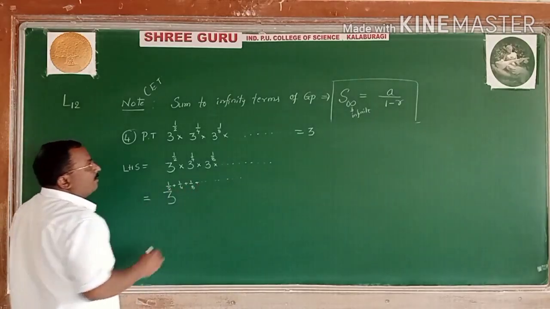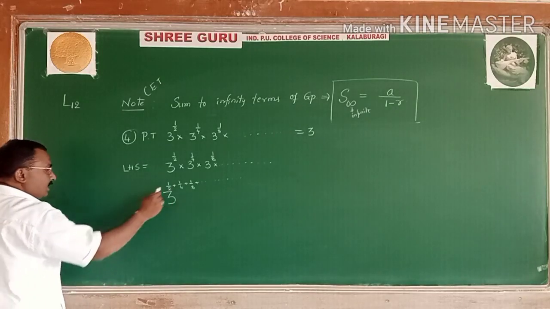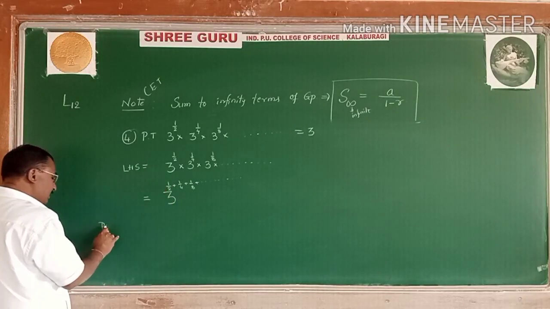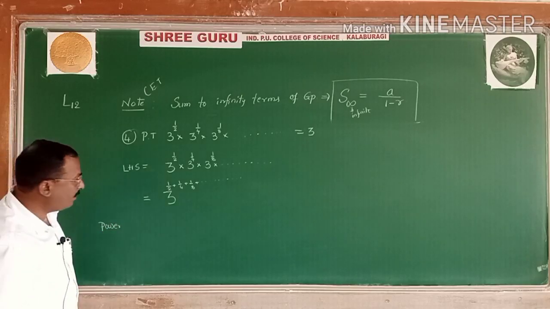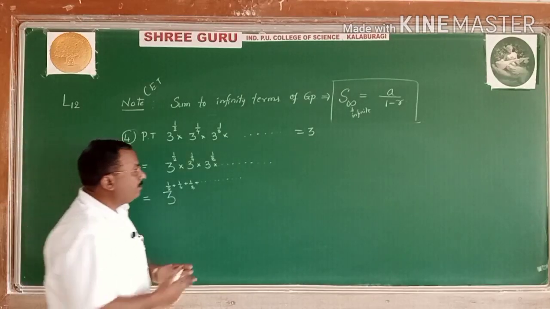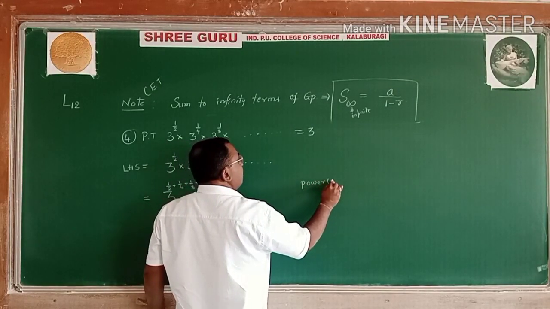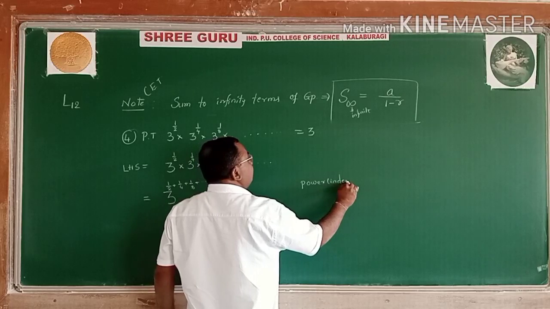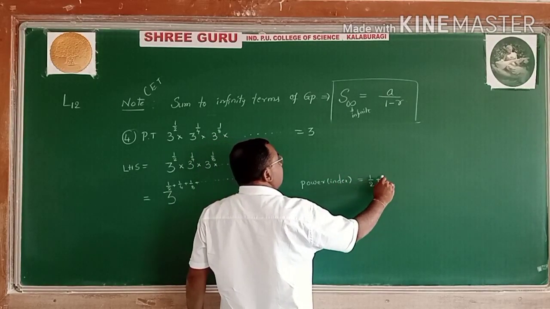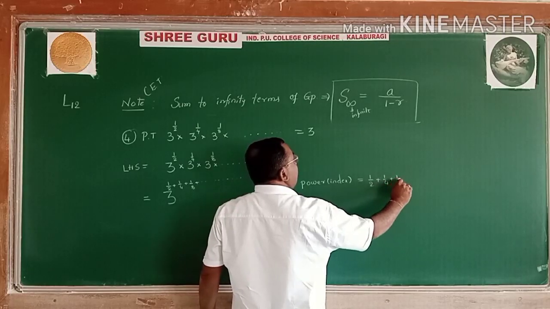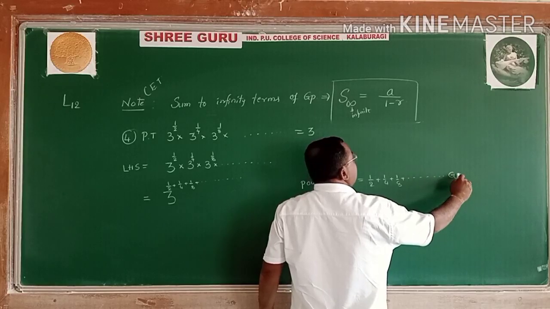Here the power is in the form of a sum to infinity. Power means index. The index 1 by 2 plus 1 by 4 plus 1 by 8 plus and so on is in the form of a GP series.